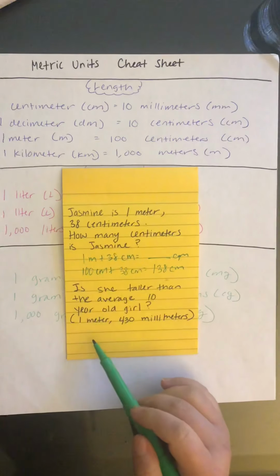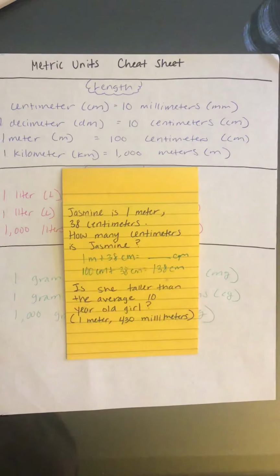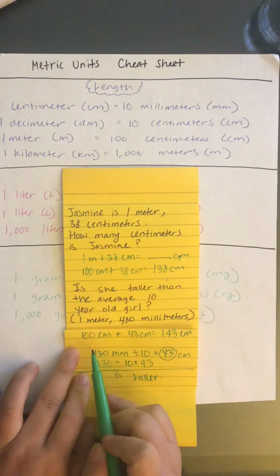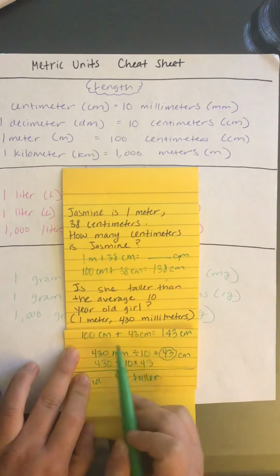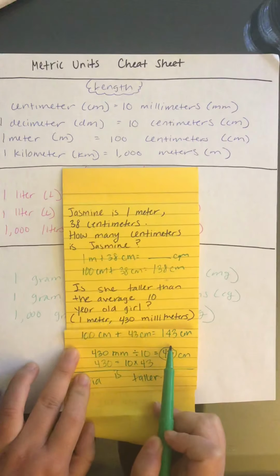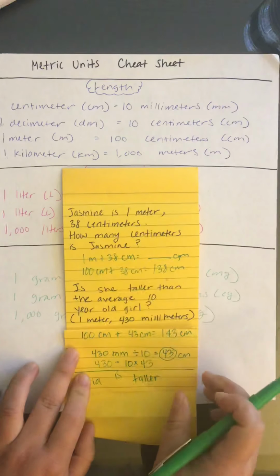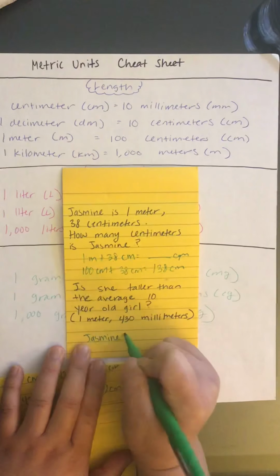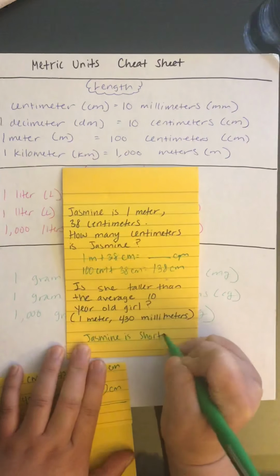And remember, a 10-year-old girl in the US was 1 meter and 430 millimeters. We've already done the math. We know that the average girl in the US is 143 centimeters. So based on this information, we know that Jasmine is shorter.